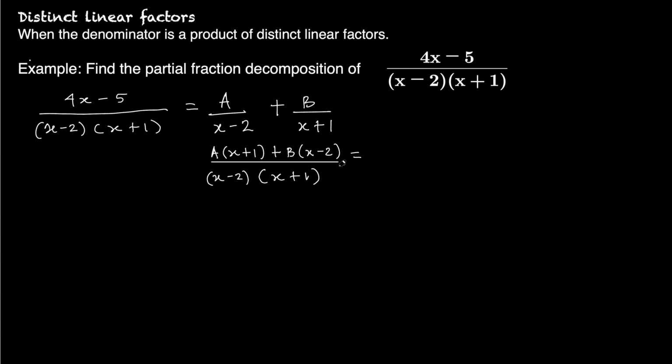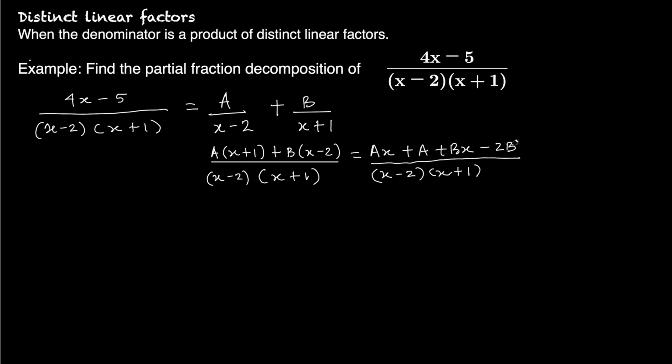That equals, when we split this up, Ax plus A plus Bx minus 2B, divided by (x minus 2)(x plus 1).